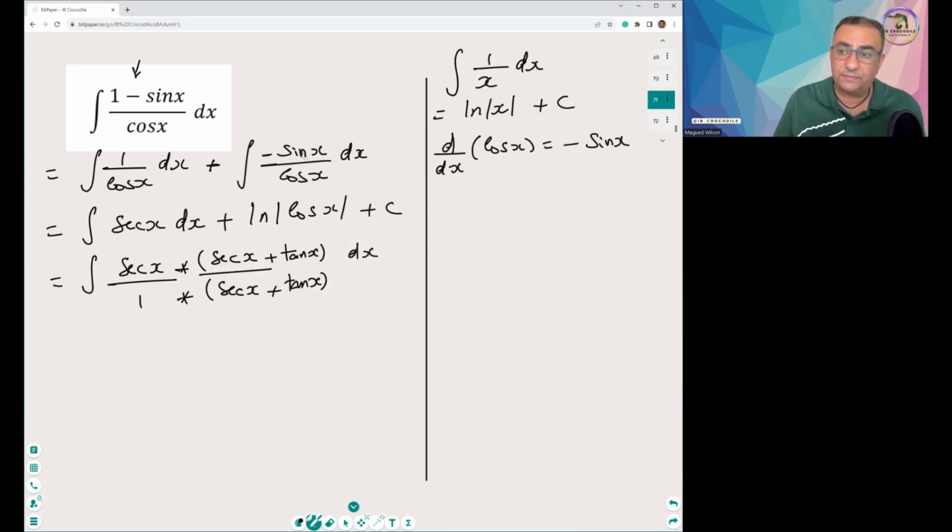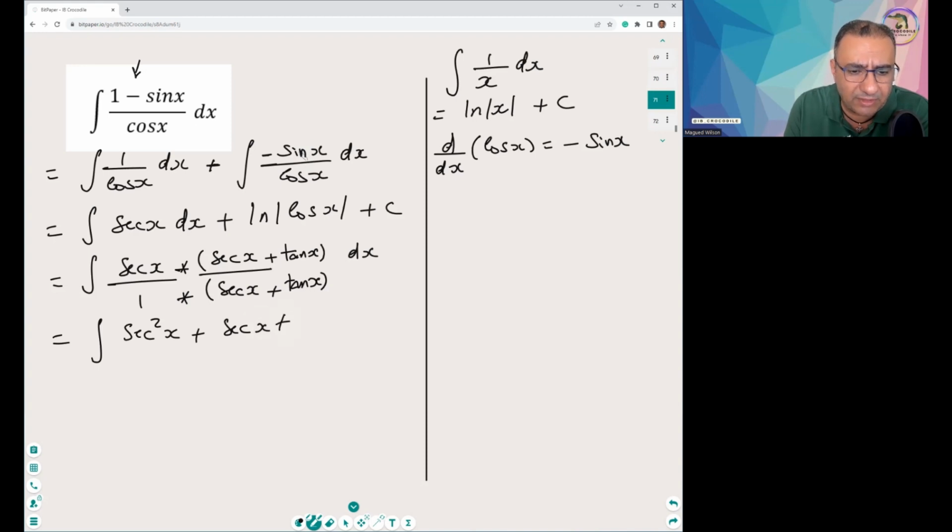Still we have dx. And then let's expand. So this would be the integration of sec squared x plus sec x tan x, secant x multiplied by tangent of x, and all of this divided by secant of x plus tangent of x dx.